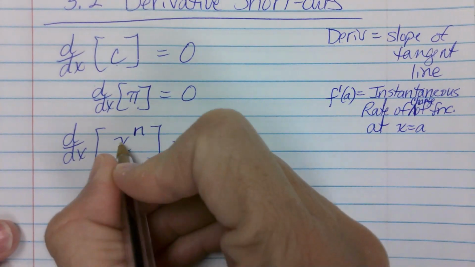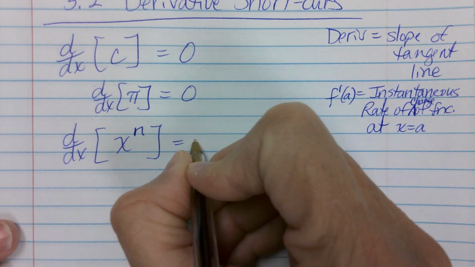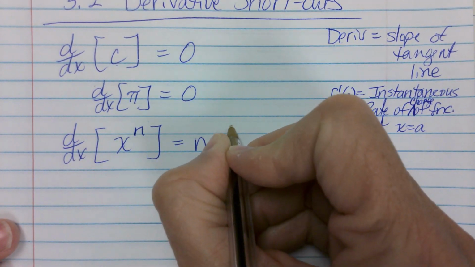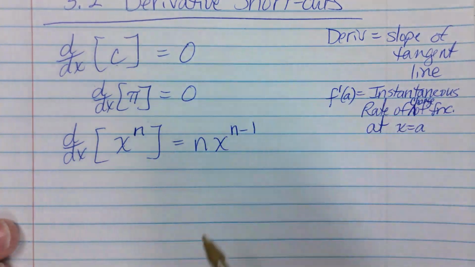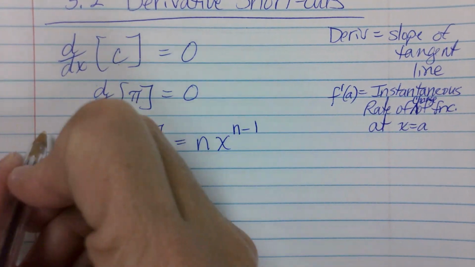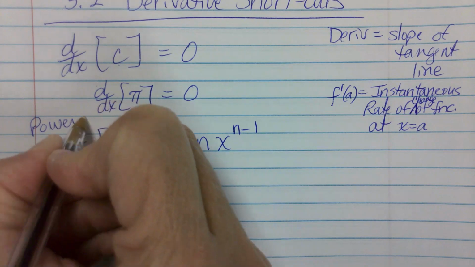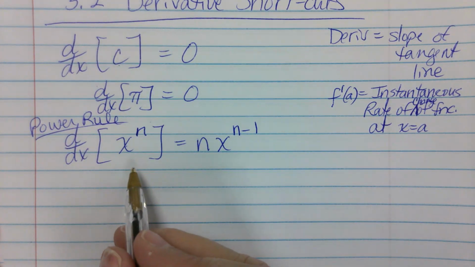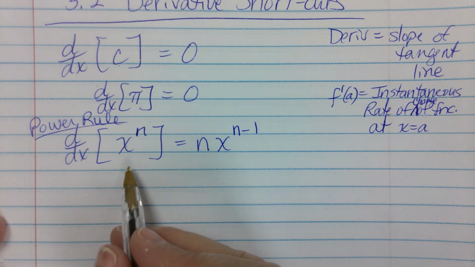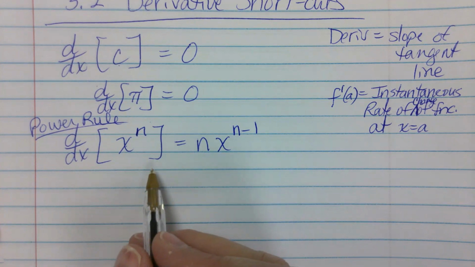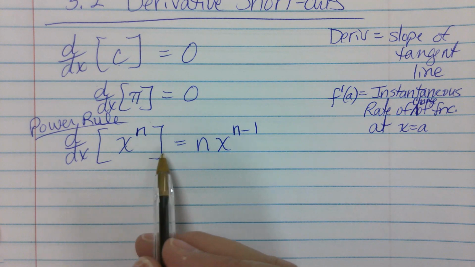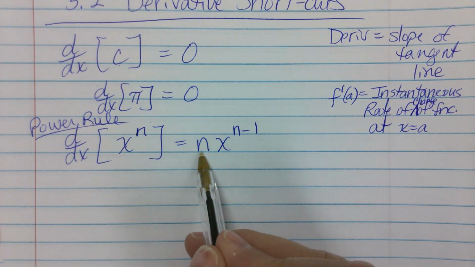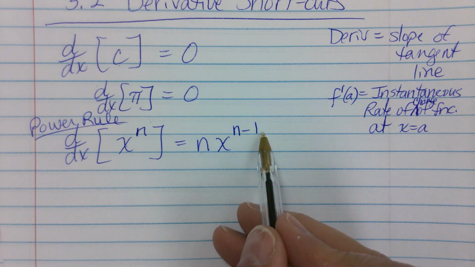What's the derivative of x to the n? n x to the n minus 1. This is called the power rule, and that will be going through your head 100 times between now and December. When I take a derivative, my mantra is power down in front, lower the power by 1.